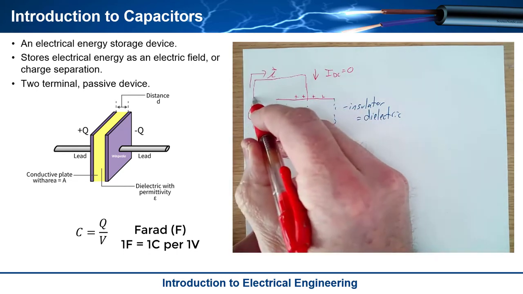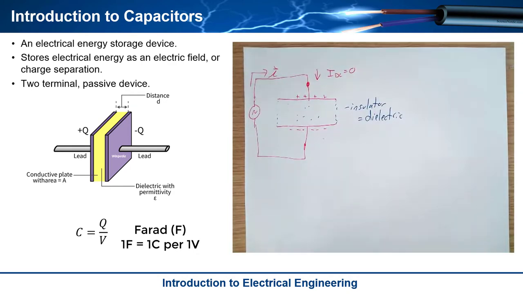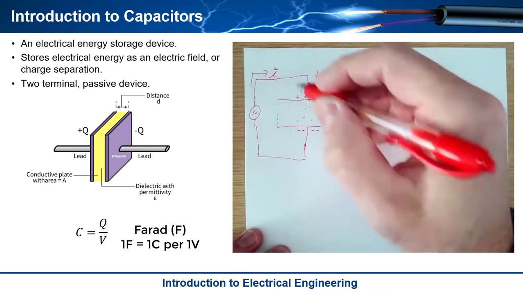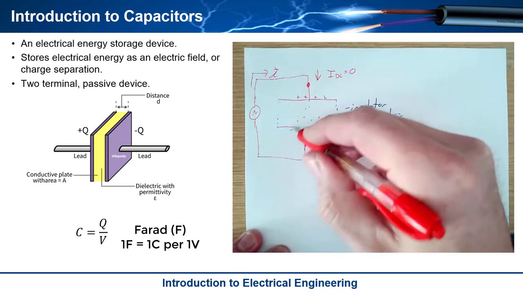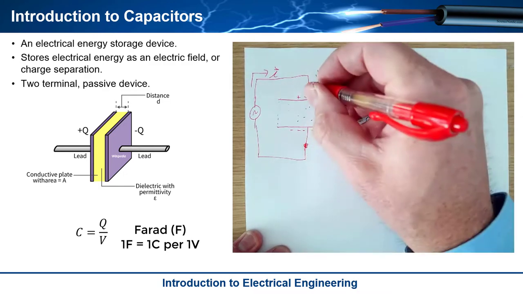So from the perspective of a two-terminal device, AC current does flow in the capacitor, even though the charge builds up on the plate.